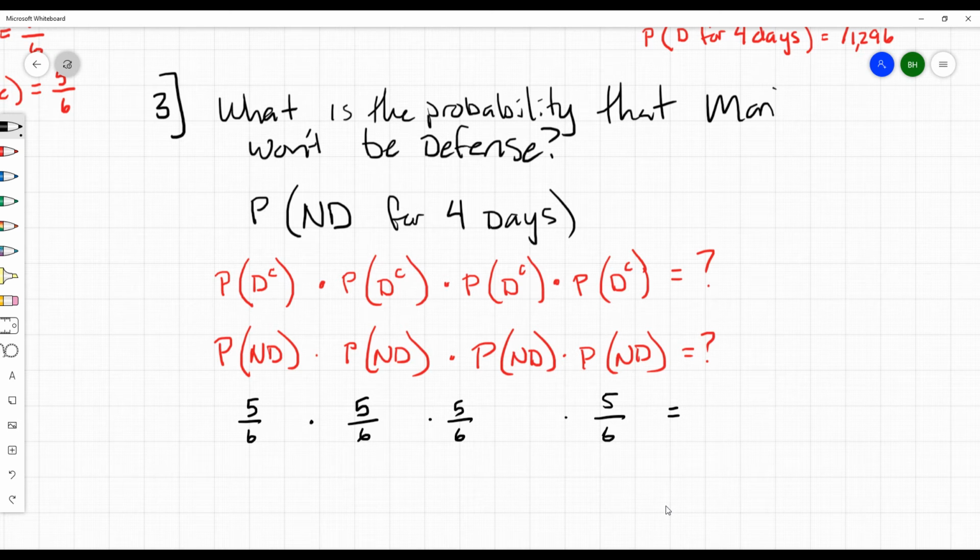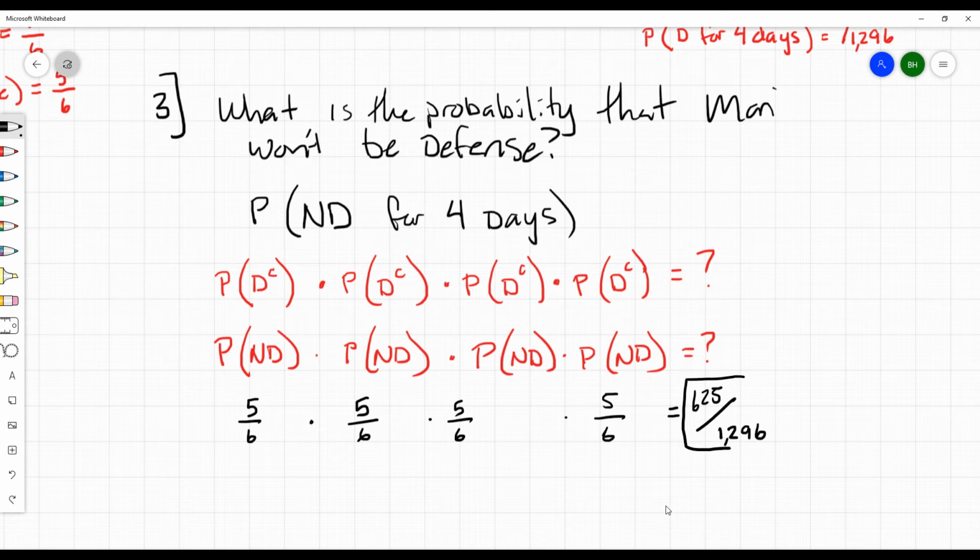And from multiplying earlier, we know that the denominator is 1,296. And now we need to multiply the tops together. 5 times 5 is 25. 25 times 5 is 125. 125 times 5. Oops. I'm doing this on my separate calculator. 625.